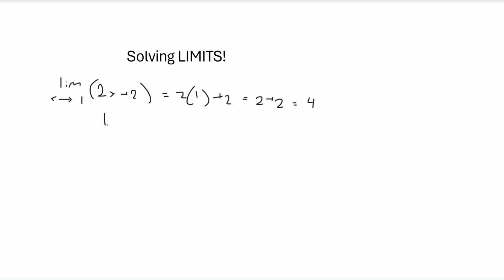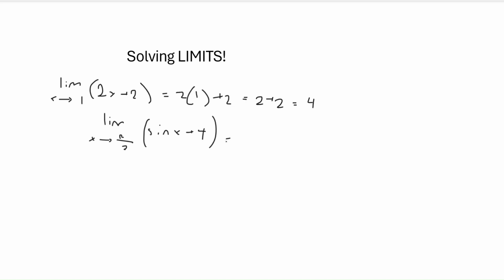However, we're not limited to just basic linear functions. We also can do something like this. Let's say x approaches pi over 2, and we had the expression sine of x plus 4.